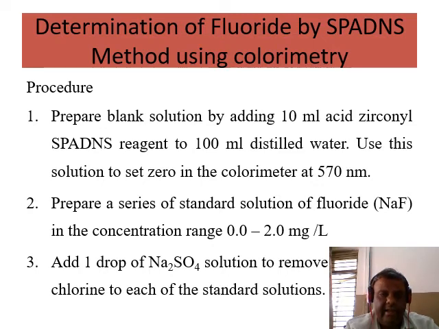The second procedure step is a series of standard solutions of fluoride. A standard series of fluoride is going to be prepared in the concentration range 0.0 to 2 milligram per liter.